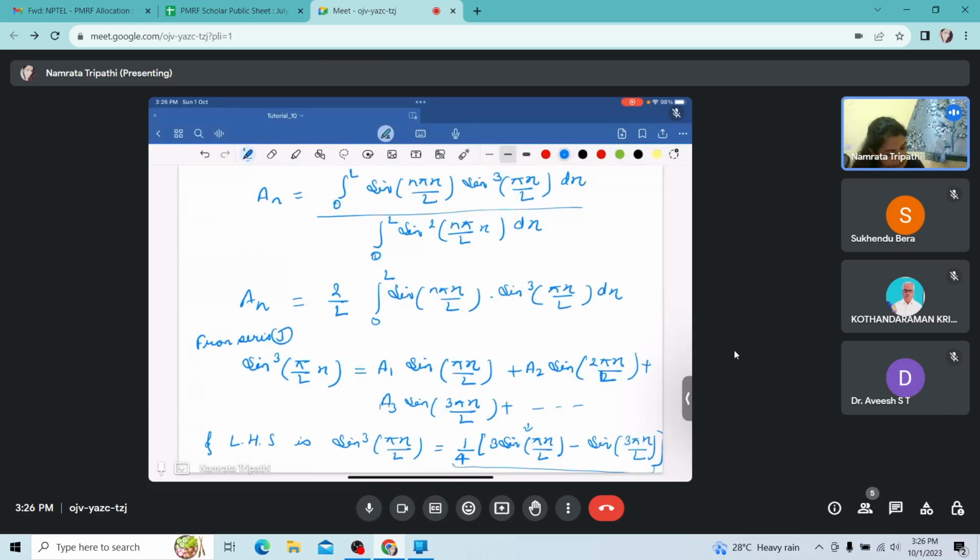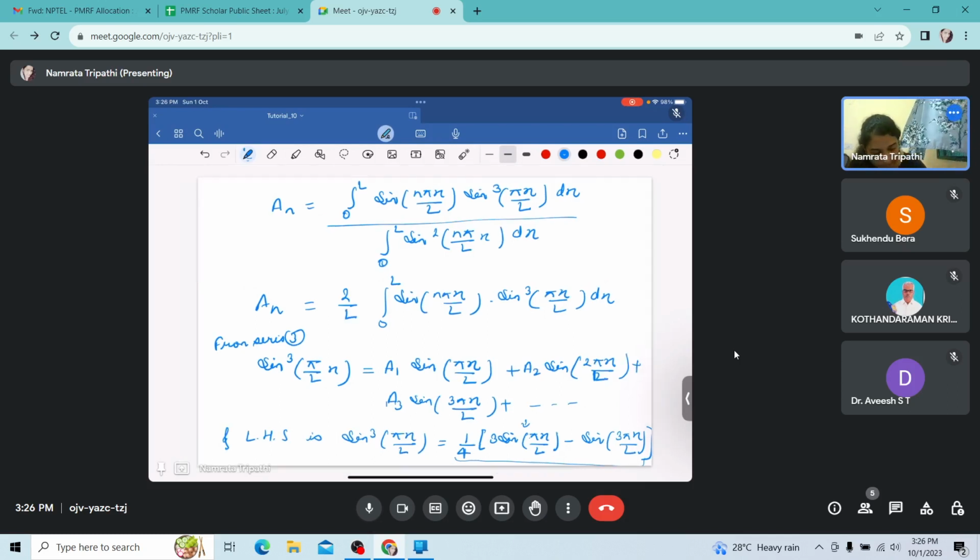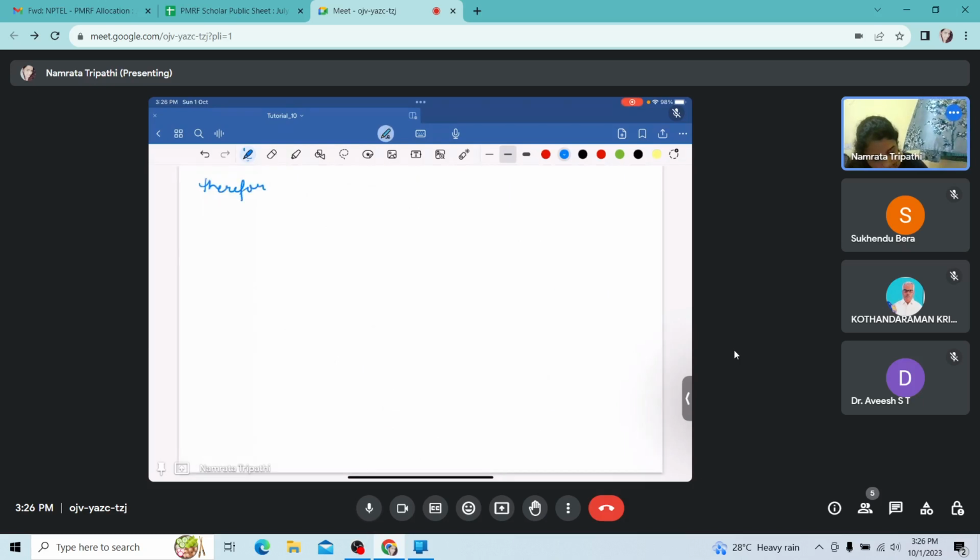And a2 will be 0 and a3 will be minus 1/4. Can we write? And a_n after 3 terms will become 0, that means for n greater than 3.